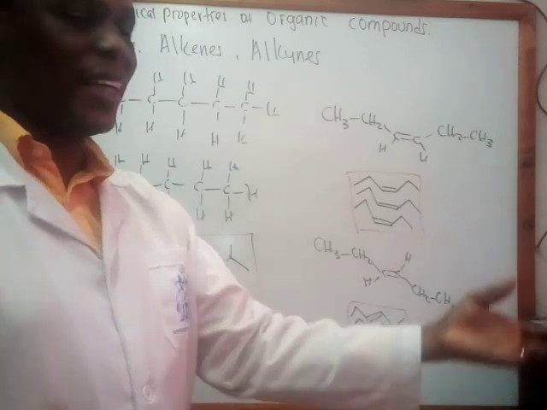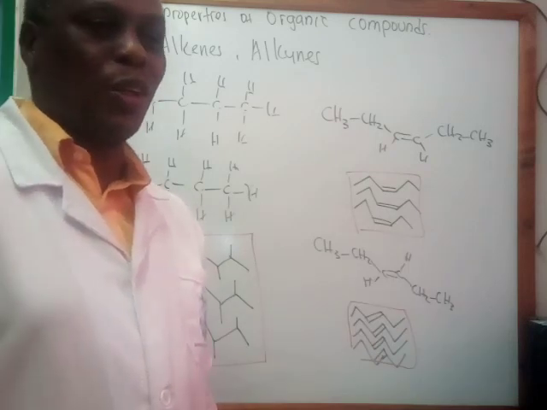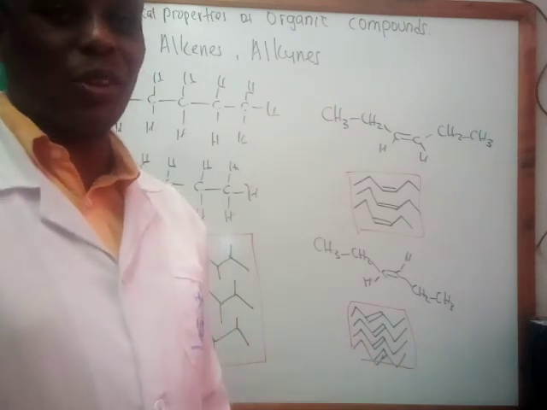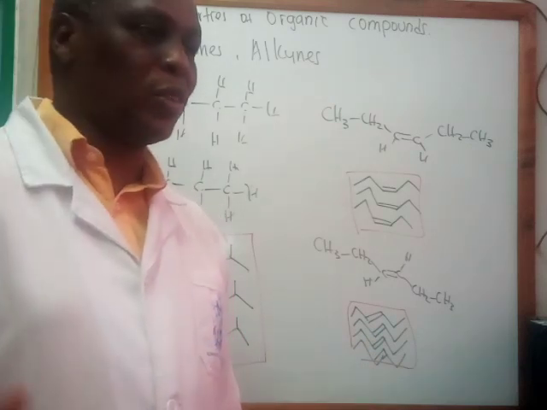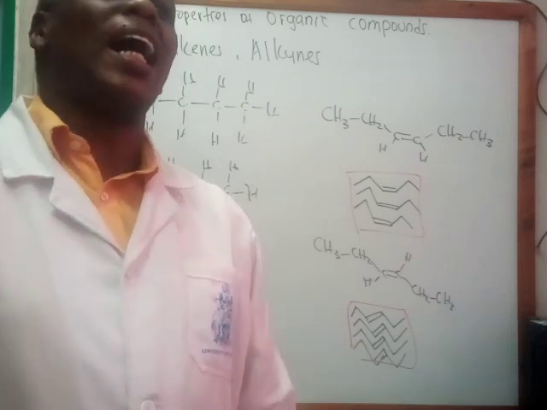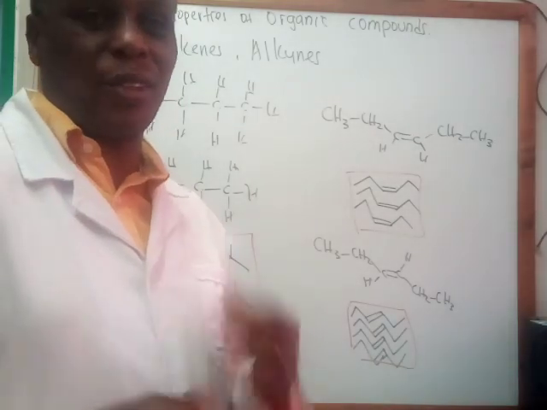If you have X grams of your alkane, you can predict from the molecular formula how many grams of carbon dioxide will be produced, and how many grams of water will be released, and also how much oxygen will be required for the combustion.